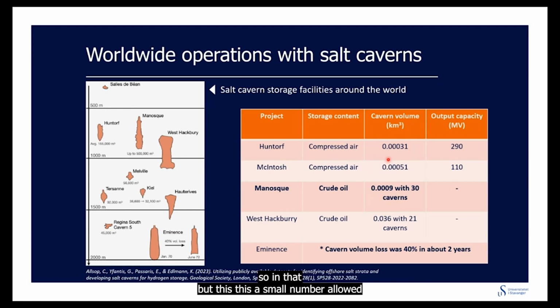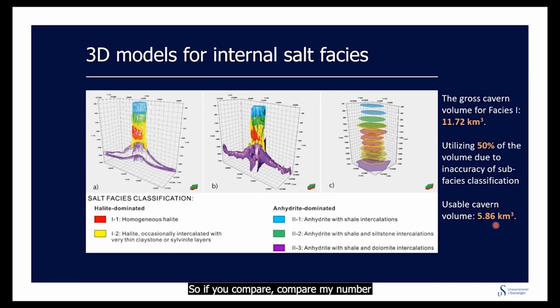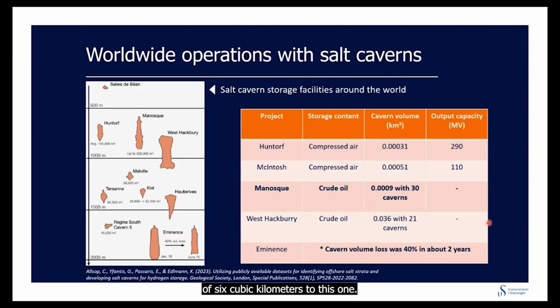But this small volume allowed an output capacity of 290 megawatts. So if you compare my number of 6 cubic kilometers to this one, it is still possible and also has a bigger prospect.